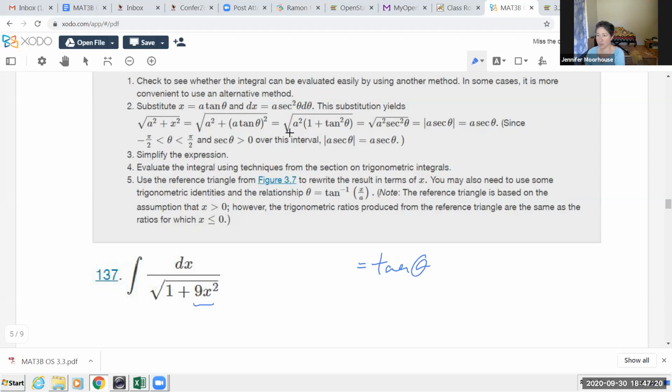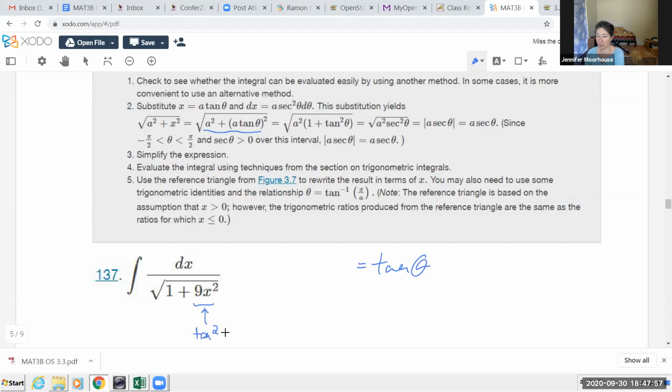Just like up here, when you make the substitution x is a tan theta, then you can factor the a out, you end up with a 1 plus tan squared, and then you get to replace that with a secant squared, right? That's the idea.